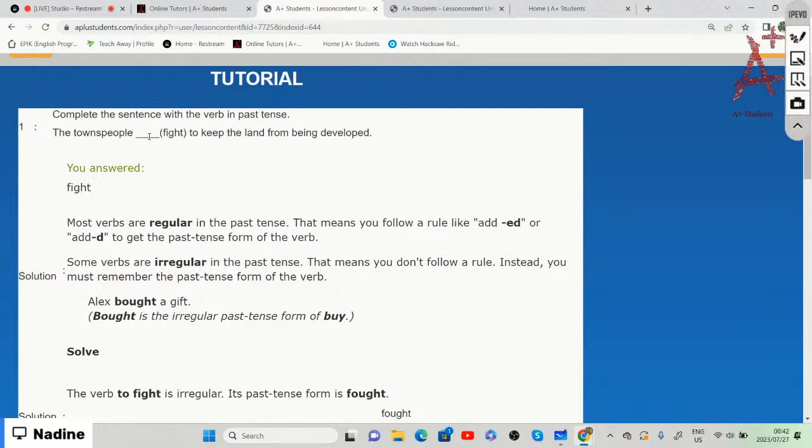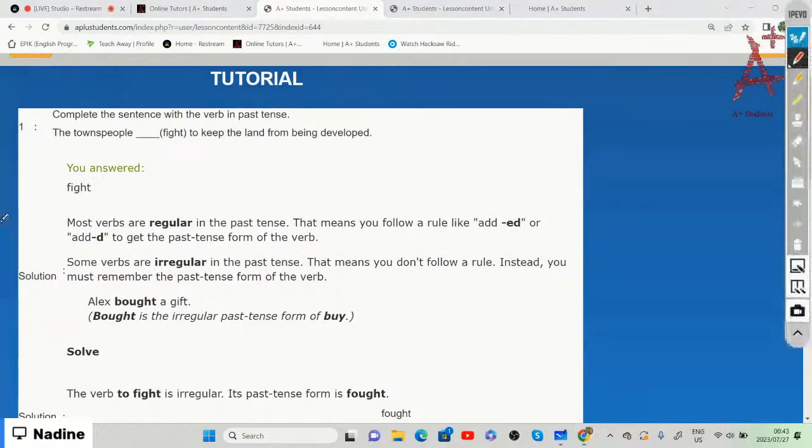We need to choose the correct past tense form of the word fight. The past tense of fight is fought.